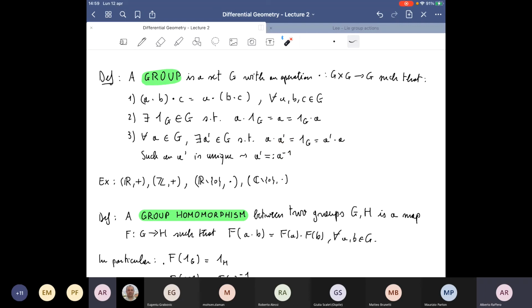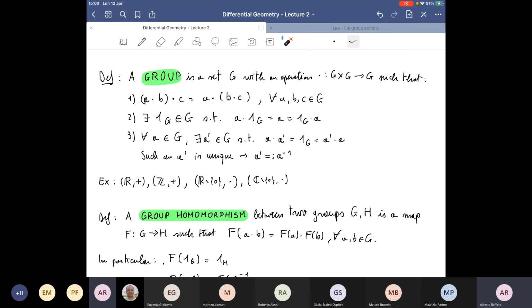So these are the three properties, the three axioms you require on this binary operation in order to have a group structure on a certain set. And so some instances of this structure are, for instance, the real numbers with the sum, or also the integers with the sum, or for instance also the real numbers without the zero together with the product, and again the complex numbers without the zero together with the product.